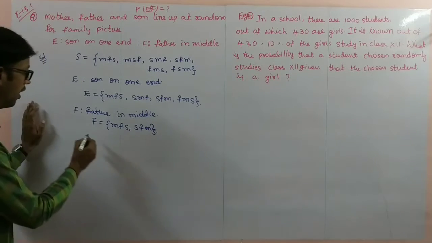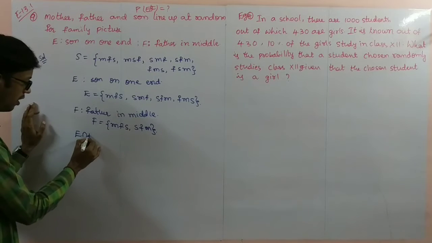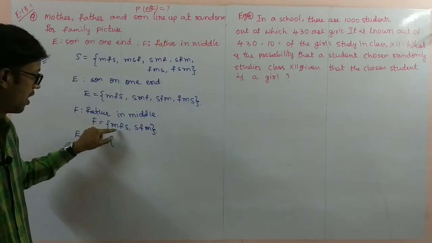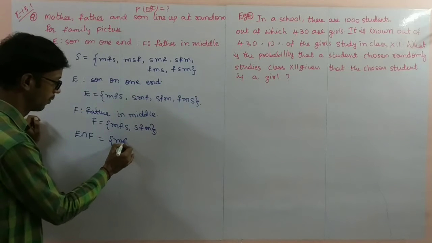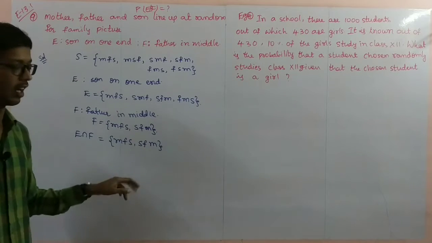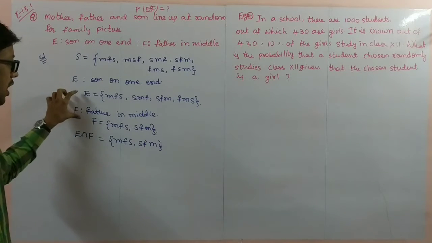Only these. Now, the intersection of E and F is equal to M, F, S and S, F, M. Both are the intersection of E and F.